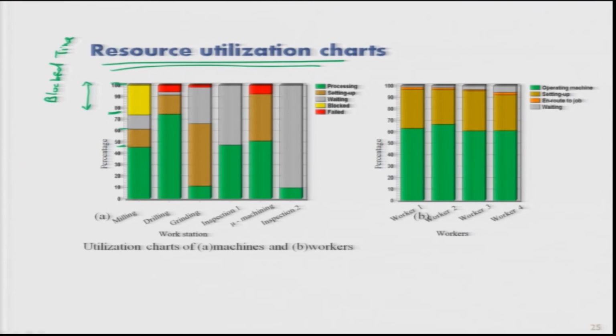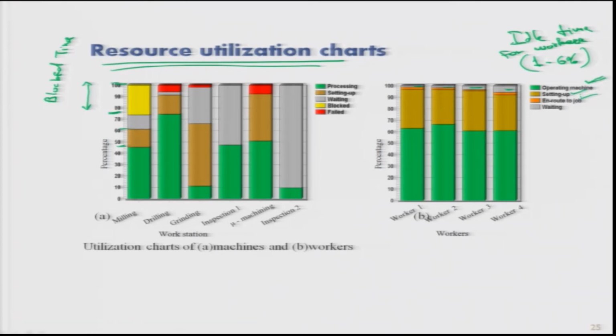The processing and setup times for the machines averaged as per the input distribution provided in the simulation model. The idle time for workers varied from 1 to 6%. This is idle time. For the remaining time, they were either operating the machine, doing the setup, or they were moving, en route to the job.